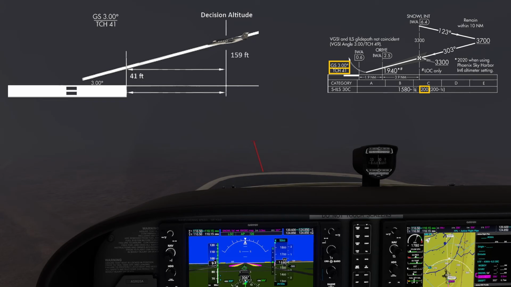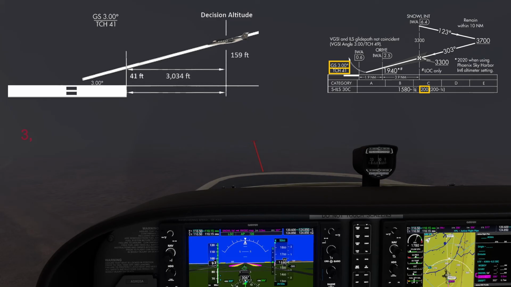We can now use this new triangle to determine our horizontal distance from the runway at DA by taking the height of the triangle, 159 feet, and dividing by the tangent of 3 degrees, the glide slope, and the result is 3,034 feet, which is our distance from the runway when we are at DA.